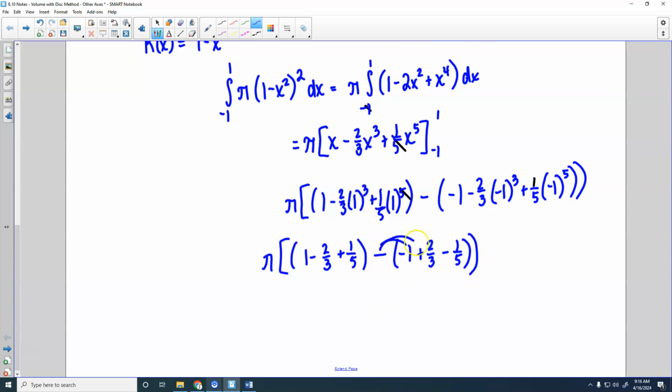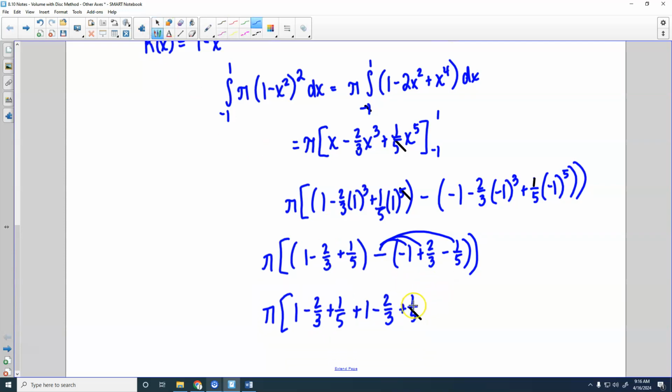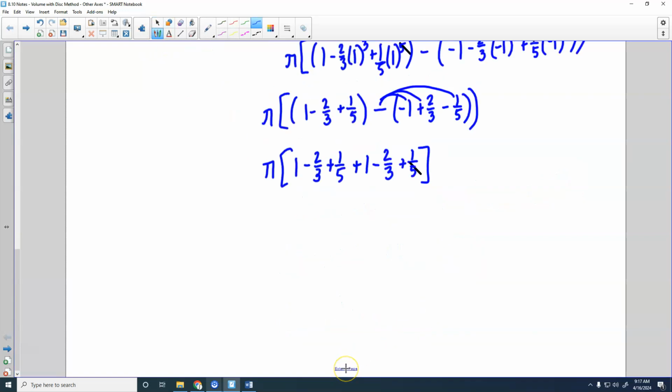This negative needs to be distributed, so that's going to be 1 minus 2/3 plus 1/5 plus 1 minus 2/3 plus 1/5. Gosh. And so 2 minus 4/3 plus 2/5.